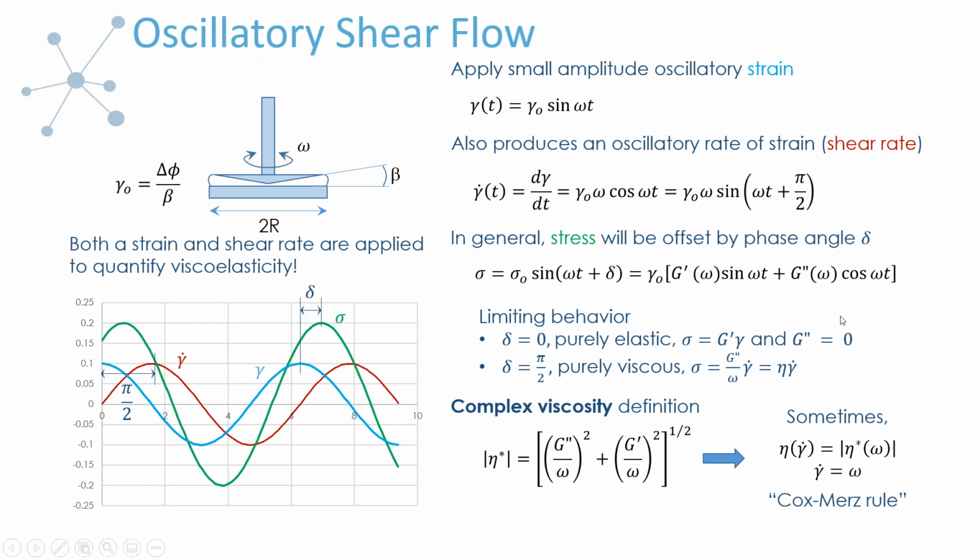It turns out, and I've seen this happen quite a lot in polymeric systems and even in some colloidal systems, but predominantly polymeric, that there are many situations where the steady shear viscosity as a function of shear rate is equivalent to this complex viscosity as a function of frequency, if you're comparing values at equivalent rates and frequencies. And this is referred to as the Cox-Merz rule.